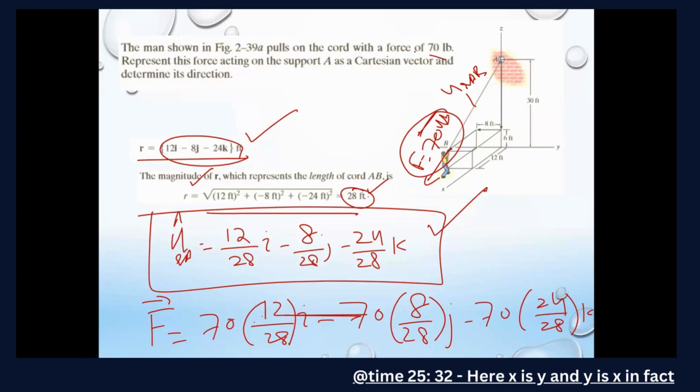The question is asking you to represent the force as a Cartesian vector, and you also need to show the directions, which means you need to know alpha, beta, gamma for this force. So can you give me the numbers? Can you multiply 70 by 12 over 28? I want to write what the force vector looks like.